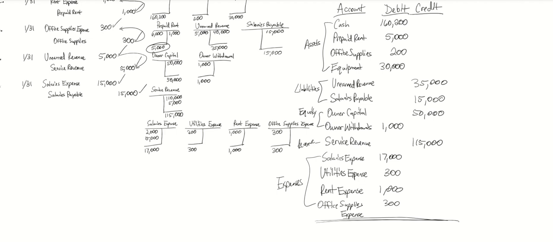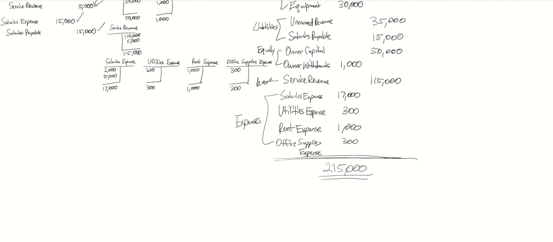The debit column shows a total of $215,000. This means that, cross your fingers, $215,000 is the sum of the credit column. So I'm going to take 35,000 from the credit column plus 15,000 plus 50,000 plus 115,000. And yes, the credit column also has a sum of $215,000. Awesome.